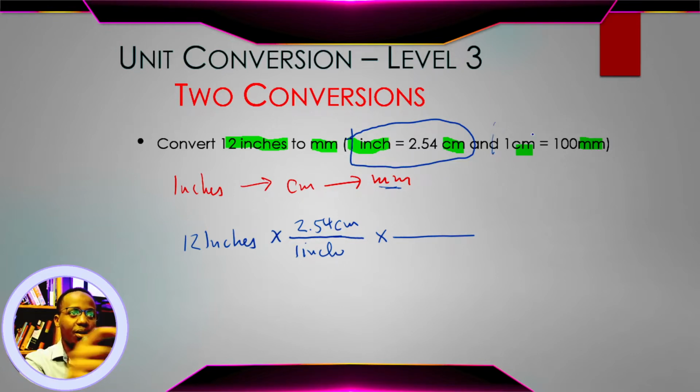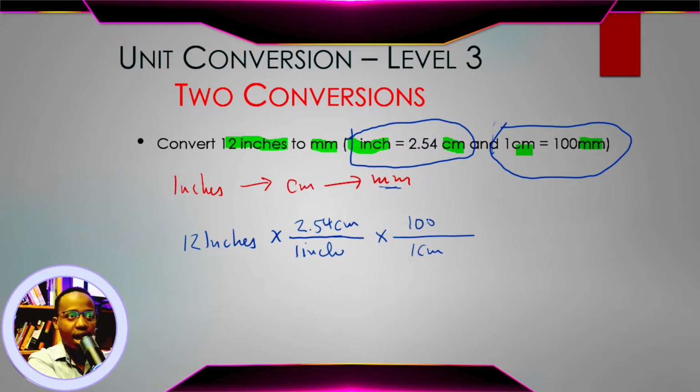We have the formula that you have to use here, and all you have to do is figure out what goes to the bottom. What goes to the bottom here is the centimeters, because you have centimeters here. So 1 cm here, and then on the top you have 10 millimeters. All right, so that is how you do it when you have to do two conversions.